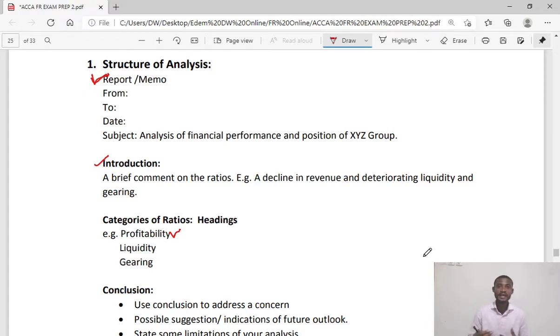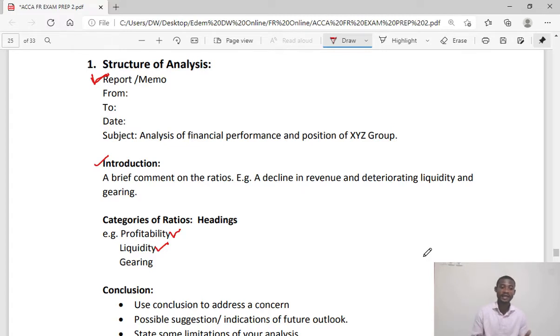Then the next heading, which would be liquidity. So you go and look at the liquidity ratios that you have to analyze. For the liquidity ratios, you can have current ratio, quick ratio, or you can look at the working capital ratios, be it receivable days, payable days, inventory turnover, or inventory days.